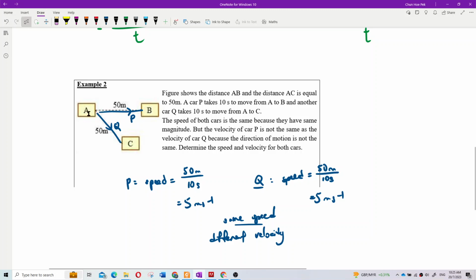You see, P is moving to the right, Q is moving this direction. So they have different velocity because they have different direction. Okay, but they have the same speed because they have the same magnitude. Yeah, same speed, 5, 5. Okay, that's all.